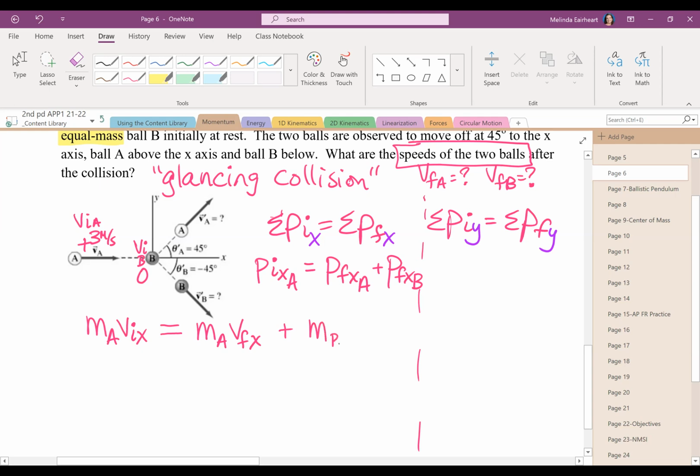Plus MB and its final horizontal velocity. Equal mass. So MA equals MB. What can we do to simplify? Divide the whole thing by M. Equal mass. Gotta love it.